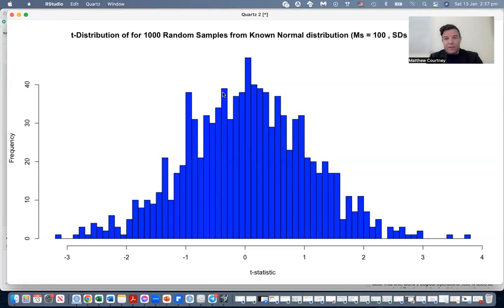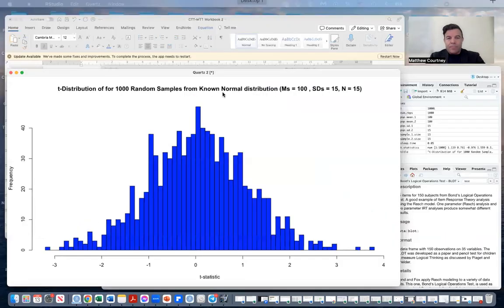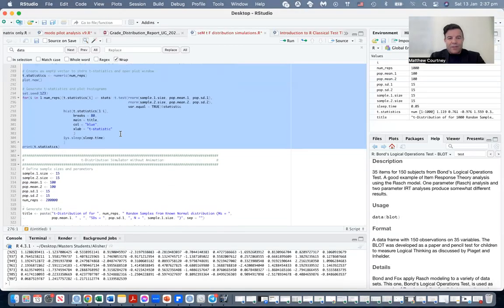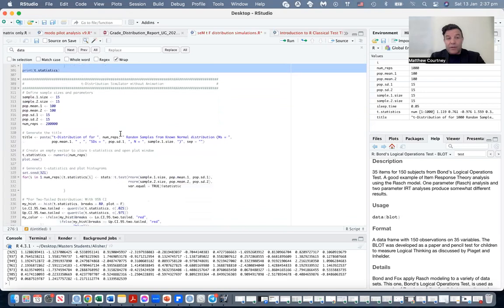Okay, so there we have it. That's 1,000 replications. It takes some time to do it graphically like that.